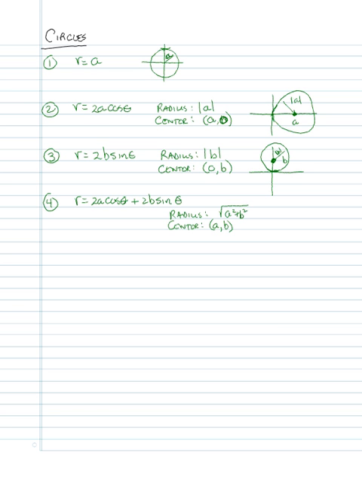So in this case, here's what we would have. Suppose this is where a is, and suppose this is where b is. So the center is right here. But the radius is the square root of a squared plus b squared, which happens to be the distance from the origin to that point.